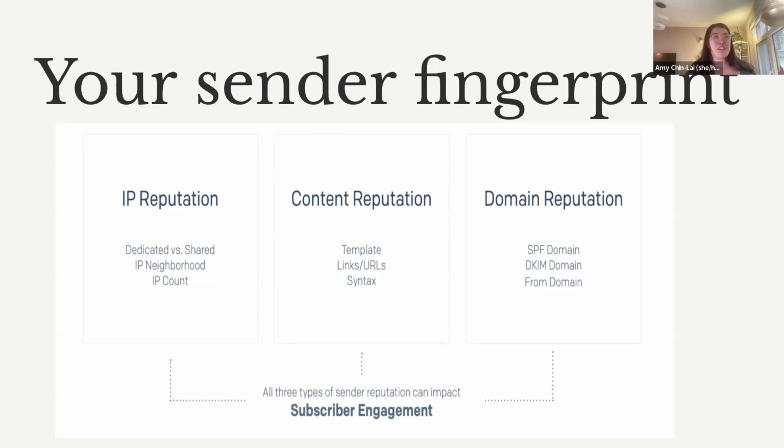But with our domain reputation, this has also changed a lot in the past few years. So these domains, similar to IP addresses, are not independent. They only make up part of your fingerprint. There's this misconception that if you change your domain, you will solve all of your deliverability problems and start from scratch. And that is simply not true.